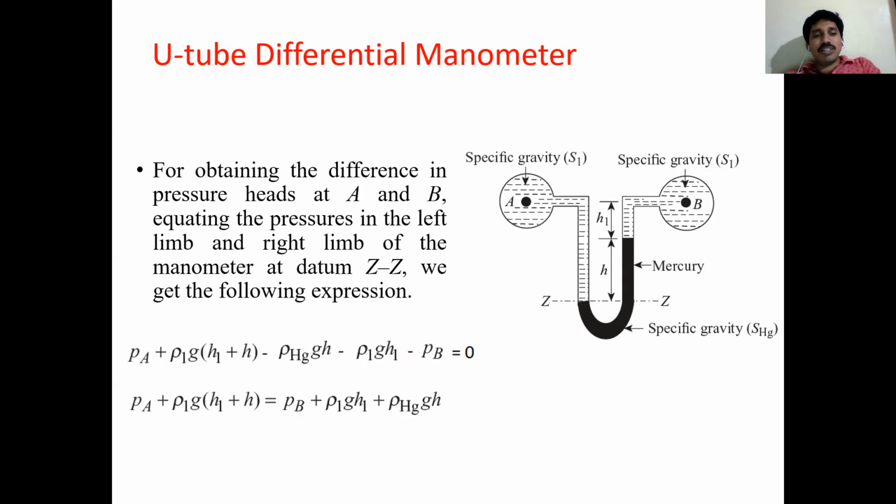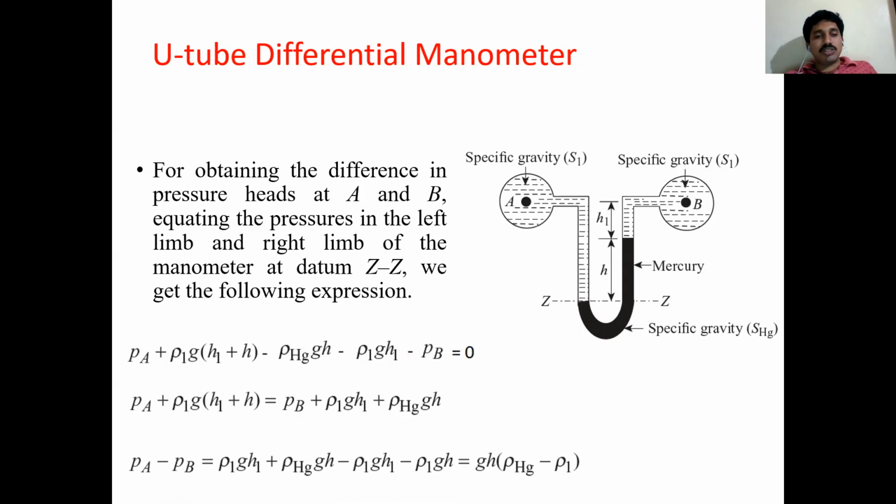When we simplify this, PA plus rho 1 g (H1 plus H) is equal to, negative values I have moved to the other side, PB plus rho 1 g H1 plus rho Hg g H. So finally I wrote the equation for PA minus PB, the pressure difference between two points.